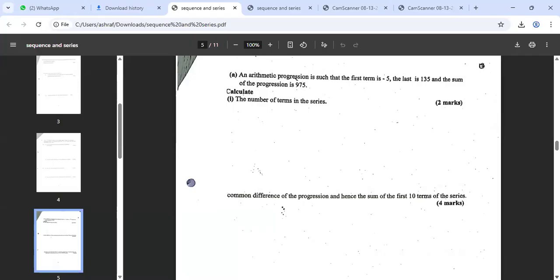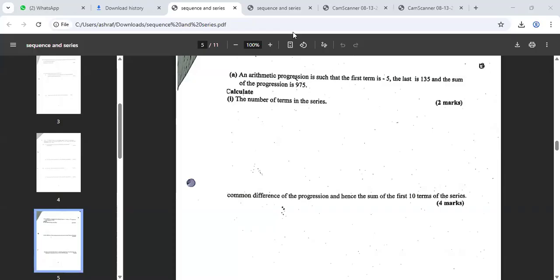Try it out. Yes, we have 26,854. Yes. Unmute yourself. 15. You've gotten n as 15. Okay.